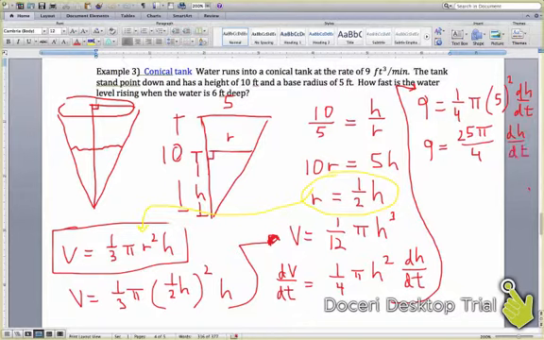So we have 9 equals 25 pi over 4 times dh/dt. Divide both sides by 25 pi over 4, and you will solve for dh/dt.